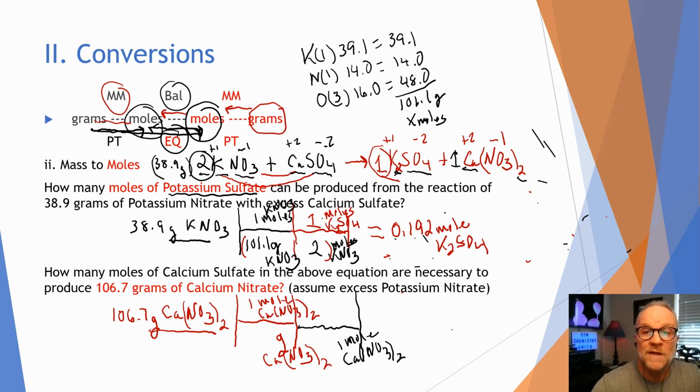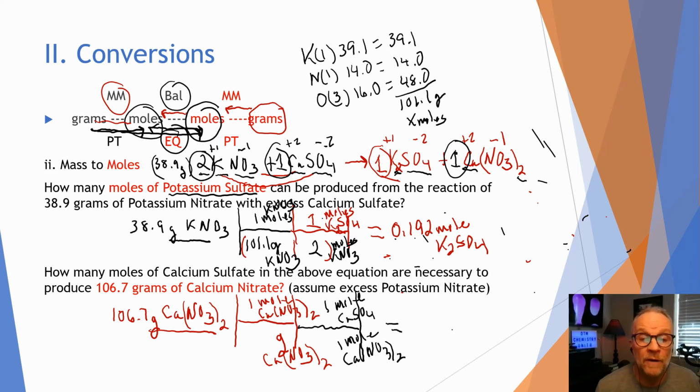Be sure to emphasize that one. And then we're going to go to moles of calcium sulfate. And in this case, it's going to be 1 mole of that one as well, because there's no coefficient in front of the chemical in the balanced equation. Okay, so now we just have to figure out the moles of our calcium nitrate.